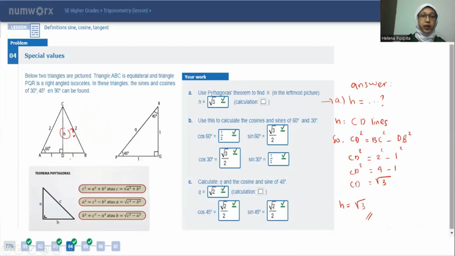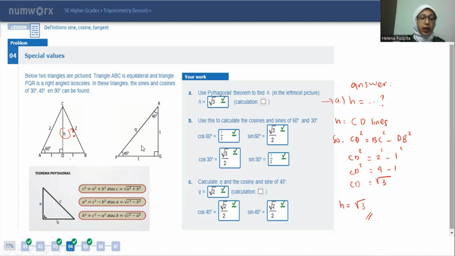Next question, number 4. Below two triangles are pictured. Triangle ABC is equilateral and triangle PQR is a right-angled isosceles triangle. In these triangles, the sine and cosine of 30 degrees, 45 degrees, and 60 degrees can be found.